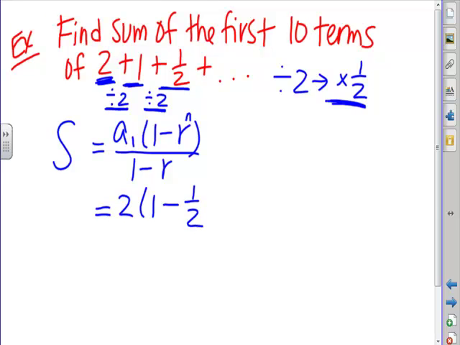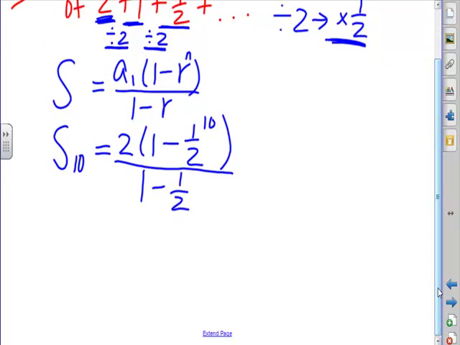If I'm finding the sum of the first 10 terms, then I'm going to put a 10 up here, and divide this by 1 minus 1/2. So, if you carefully put this into your calculator, you will get 1023 over 256. Now, I could write that as a decimal, but I'm just going to go ahead and leave that as a fraction.